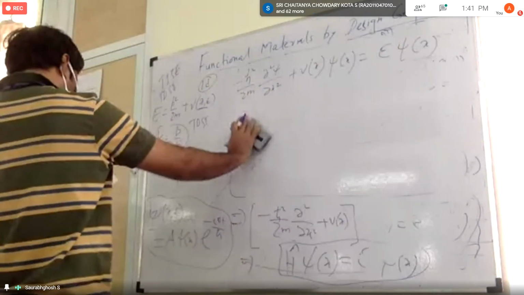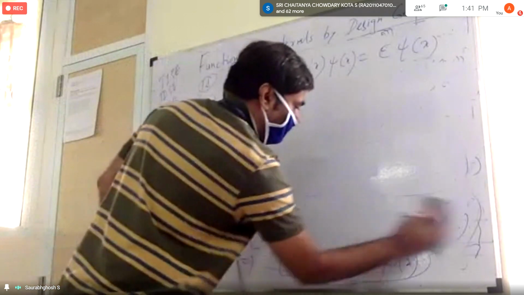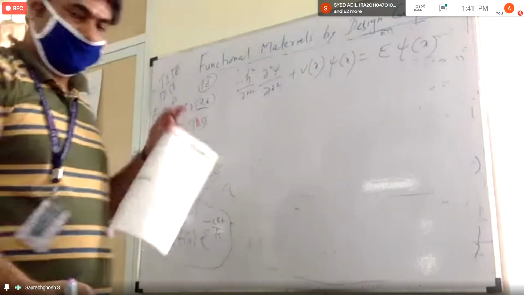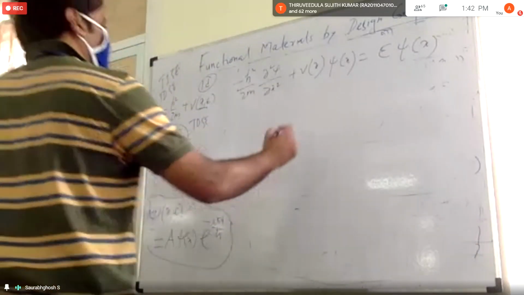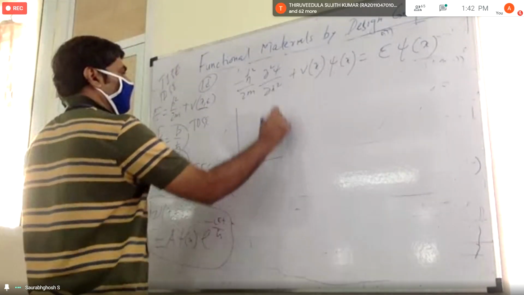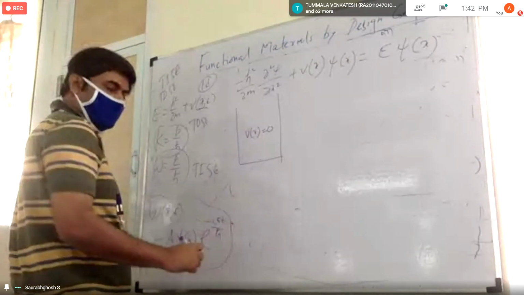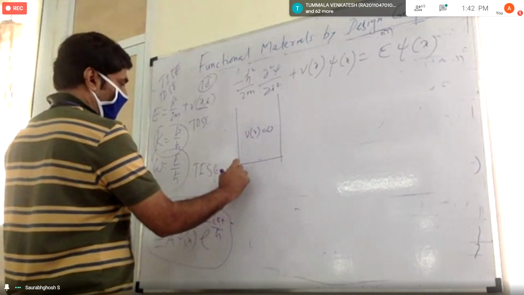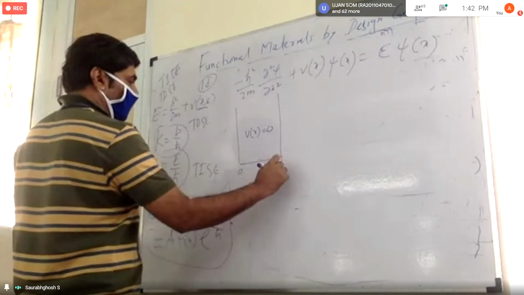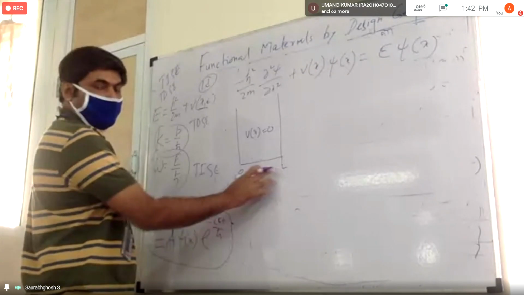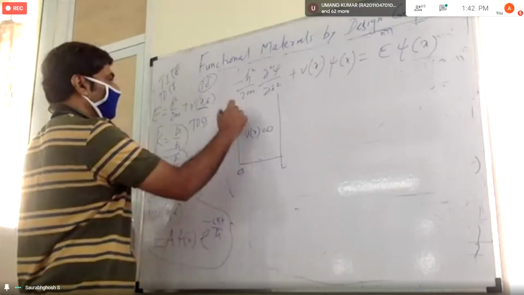Now consider a model situation of an infinite potential, where the potential V of x is equal to 0 between 0 to L. This is the length of the potential well, and elsewhere it is infinity.